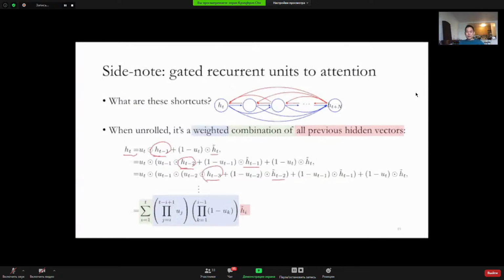And then eventually what we end up with is a weighted combination of all previous hidden vectors. The weighting is going to be done by some combination of these update gates, and then it's going to be the sum of all the hidden vectors weighted by these weights.